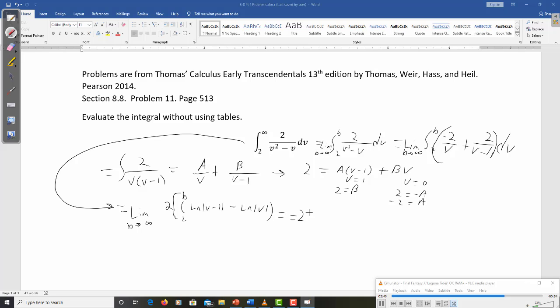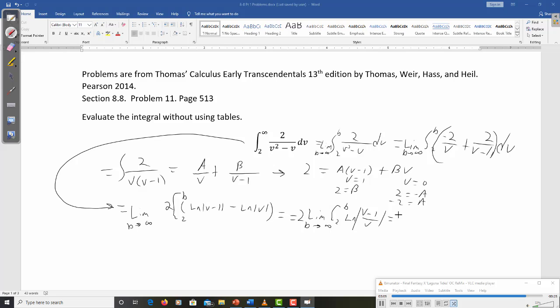So that's 2 times the limit as b goes to infinity of the integral from 2 to b of ln of (v minus 1) over v. I guess I really don't need absolute value since on this interval it really has to be positive.